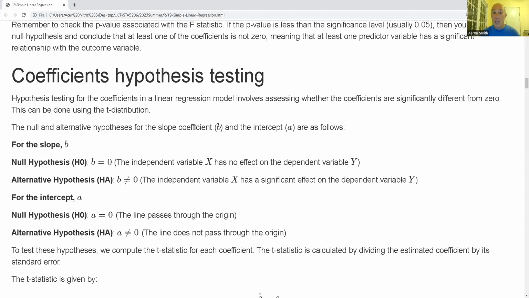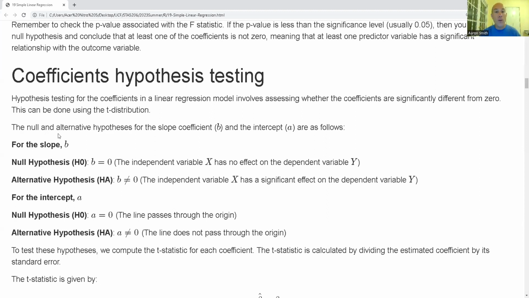This can be done using the t-distribution. I have a series of videos on linear models where I completely flesh out the theory of running all of these tests. If you're interested in the theoretical aspects of linear regression, that playlist will go knee deep and upside down into this material. But here, I'm just giving you the punchline.